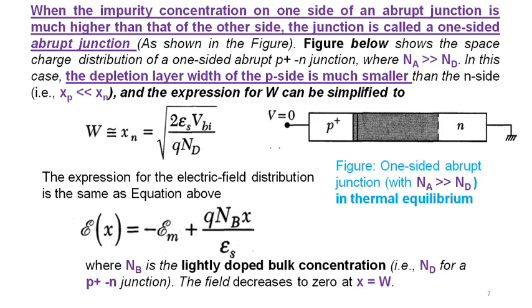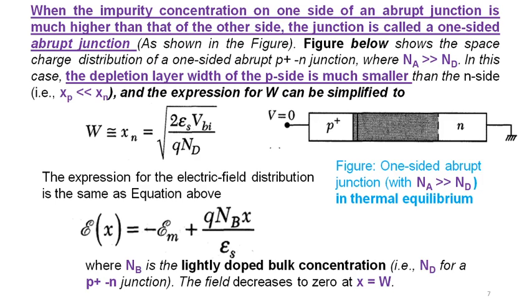In the figure below we show the charge distribution of a one-sided p plus n junction, where the depletion layer width on the p side is smaller than on the n side, so xp is less than xn. In the expression for W shown in the previous slide, xp becomes negligible, so W is equal to xn, the width of the depletion layer due only to the n side.